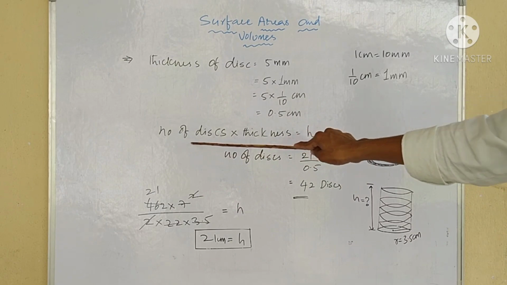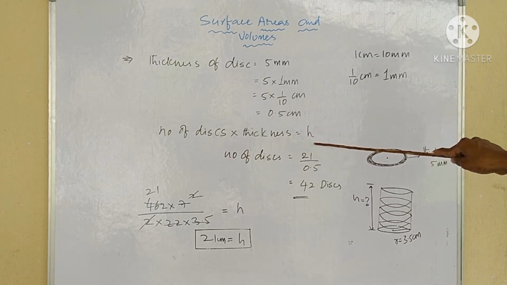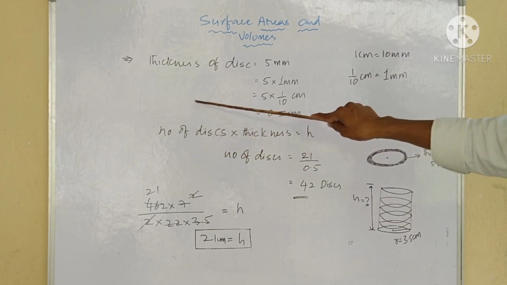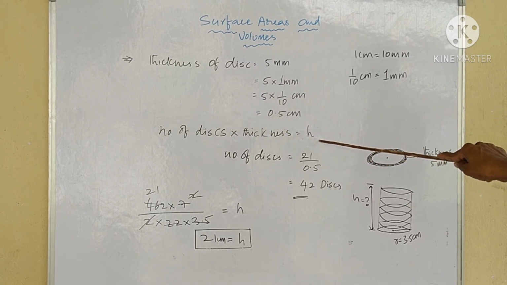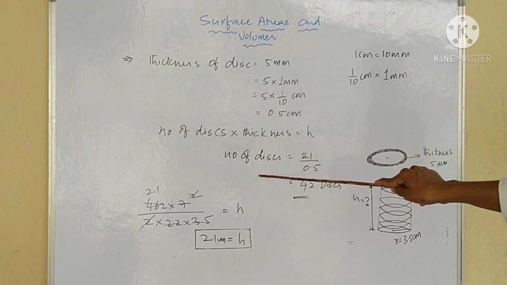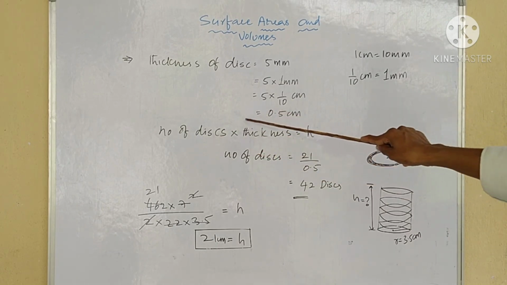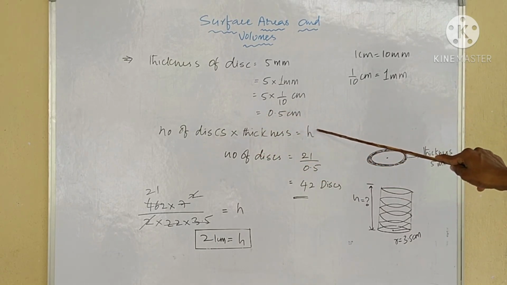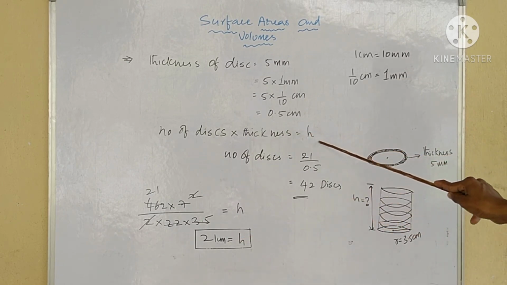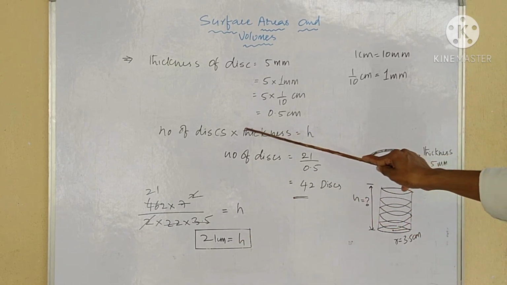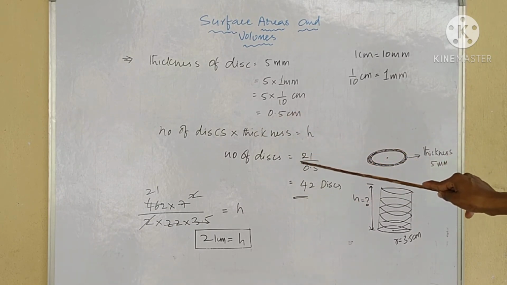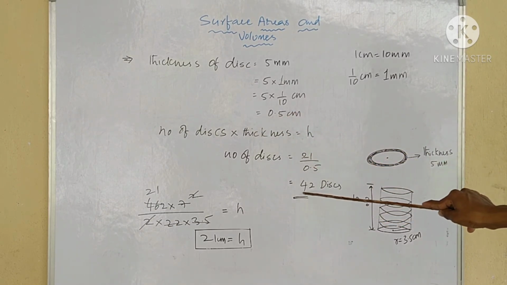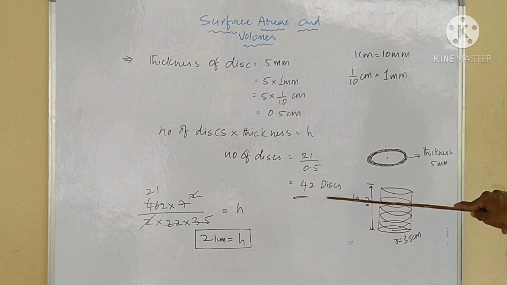So the number of discs into the thickness of each disc is equal to the height of the cylinder. The number of discs is the question mark, so transposing the thickness, the number of discs is the height, 21 centimeters, divided by the thickness of each disc, 0.5 centimeters. So 21 by 0.5, the number of discs is 42.